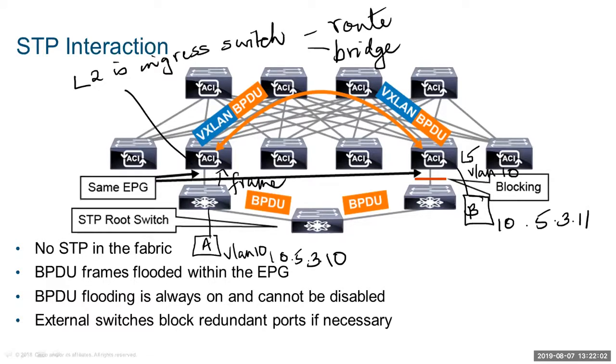What's ACI going to do? Bridge it. Let me pretend this traffic, A, belongs to the web EPG. You may wonder how it's possible, but yes, it's possible to have two different IPs of the same subnet. This is an app EPG. They're in two different EPGs.